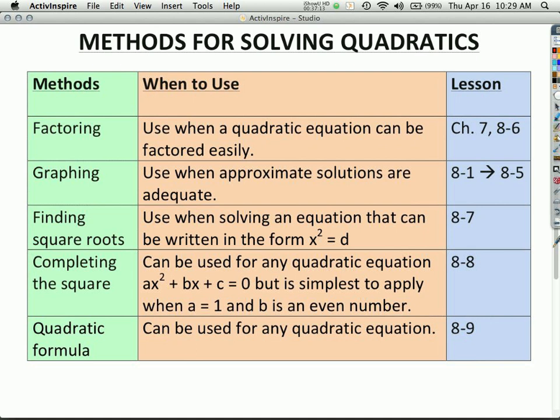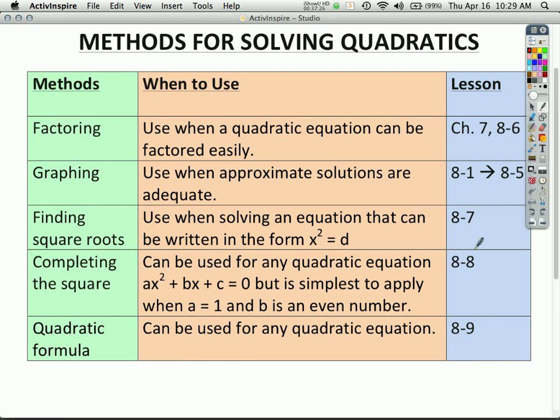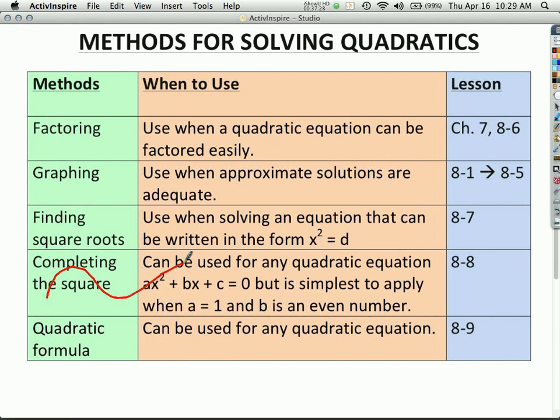There's one tool in the toolbox that you didn't learn yet. Someone tell me, which tool did you not learn yet? Natalie? You didn't learn completing the square yet. So we can take this out for now. This tool you do not have in your toolbox yet. But you have the rest.